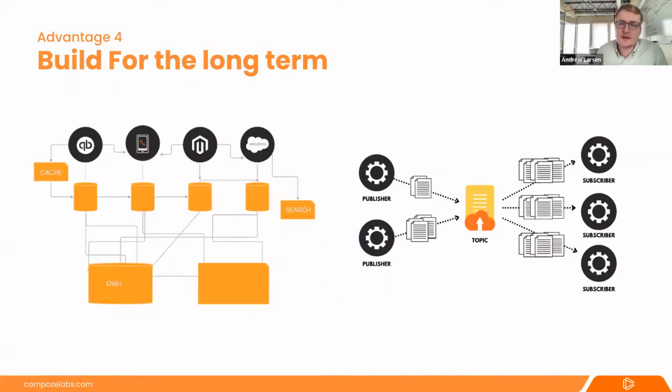And finally, this is what we talked about way at the beginning of the conversation: this ultimately lets you build for the long term. What do I mean by that? On the left side is the point-to-point model that Paul was demonstrating with Delta flights. All of these pieces of your system know about one another, and they have to. So the minute you need to add new features for your customer, or make a change to an existing feature, you have to know all the parts of that system and where changes need to be made.